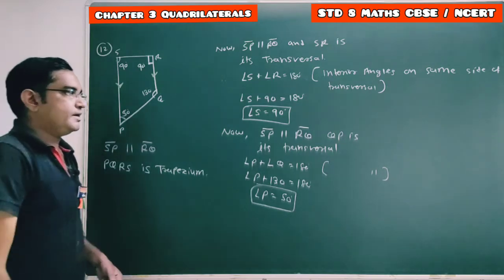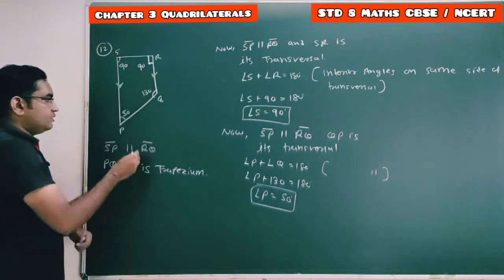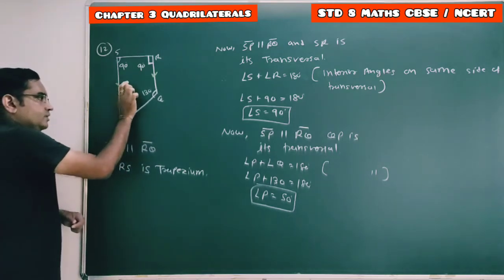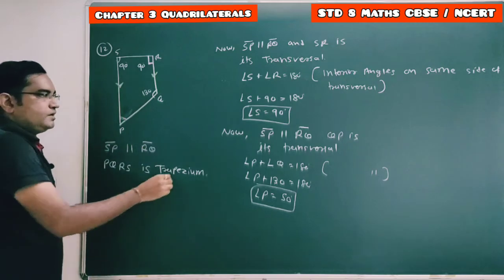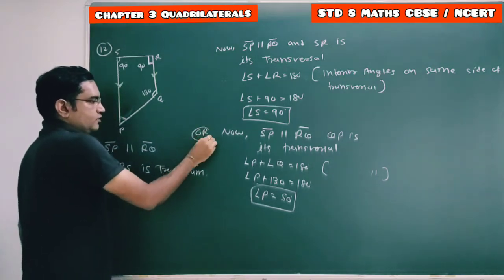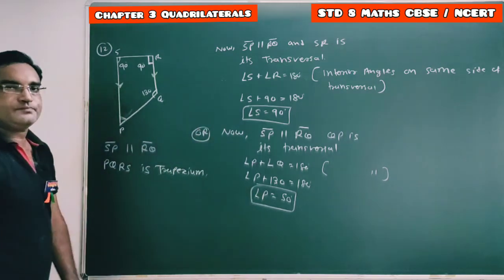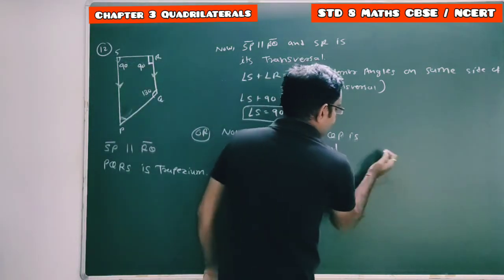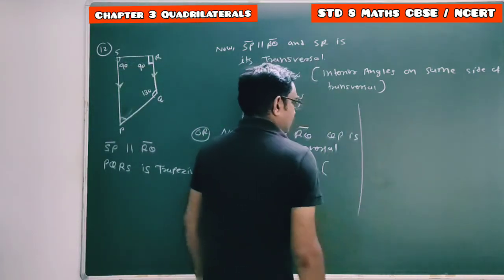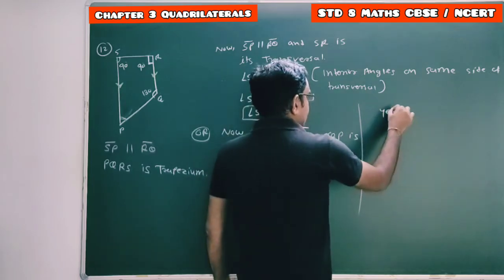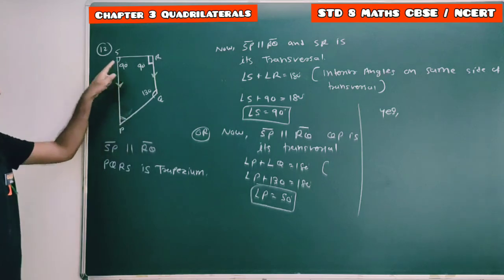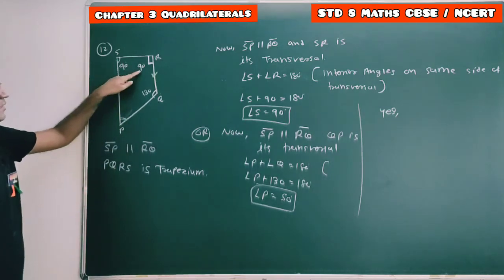In the second part it is asked, is there any other method to find the value of P? Is there any other method, apart from this, by which we can find the value of P? So yes, obviously. Our answer is yes, there is another method by which we can find the value of P when S is given. Three angles are given.